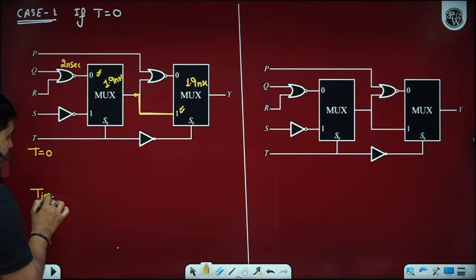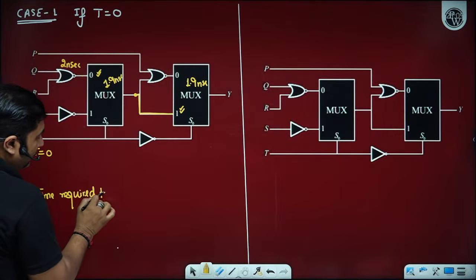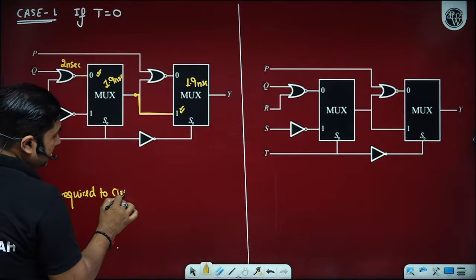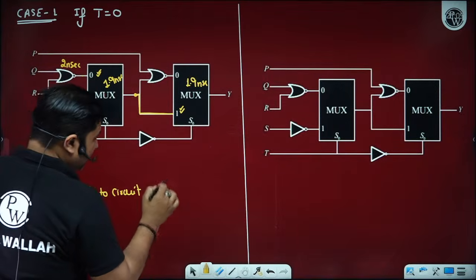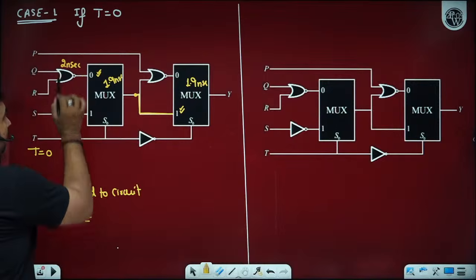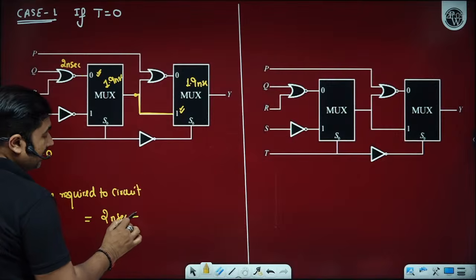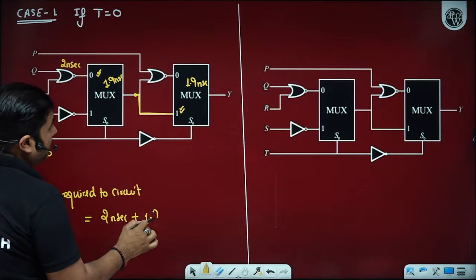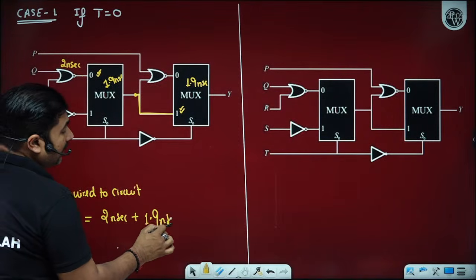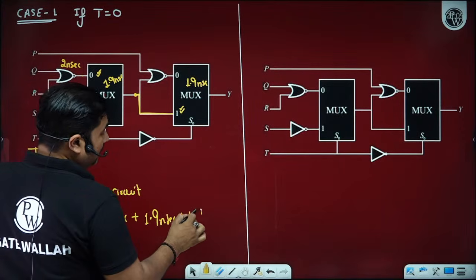Time required for the circuit to operate properly is equal to, sir, 2 nanosecond of the NOR gate. Yes sir. Then we need 1.9 nanosecond of multiplexer 1, and then 1.9 nanosecond of multiplexer 2.